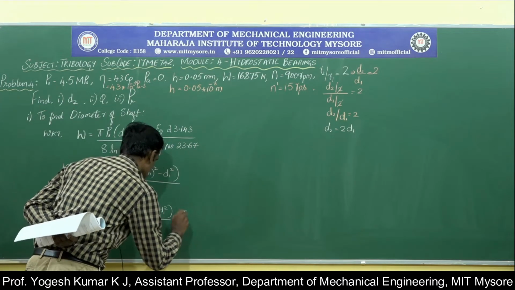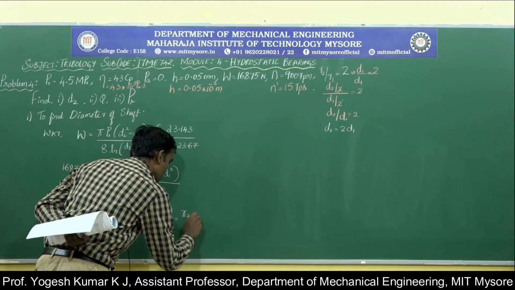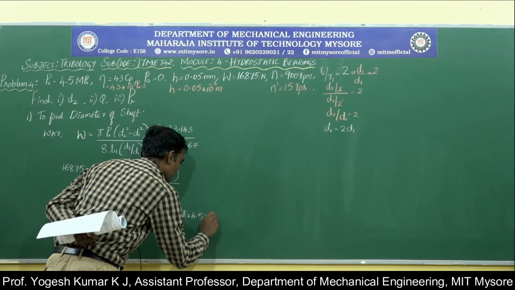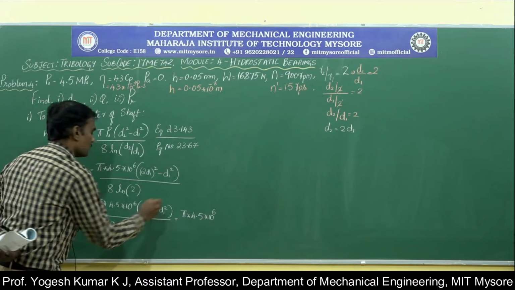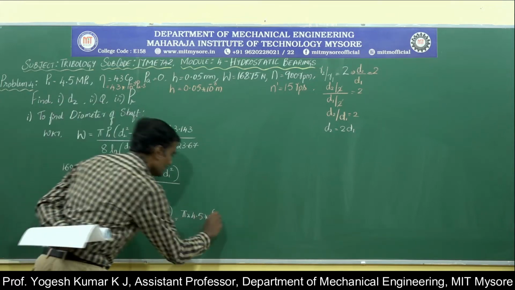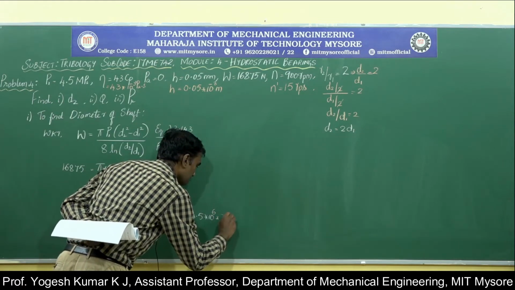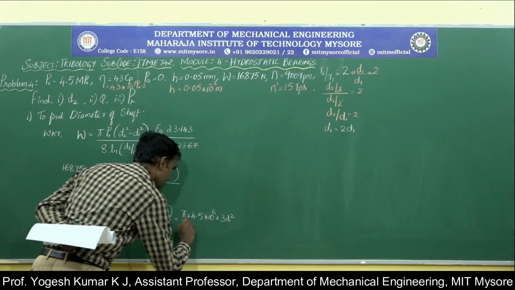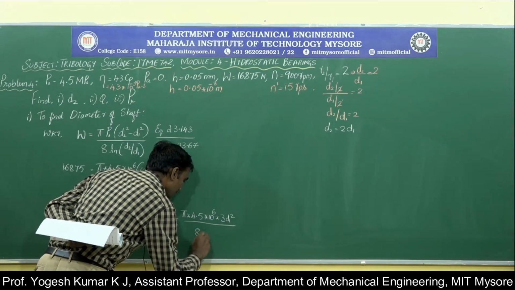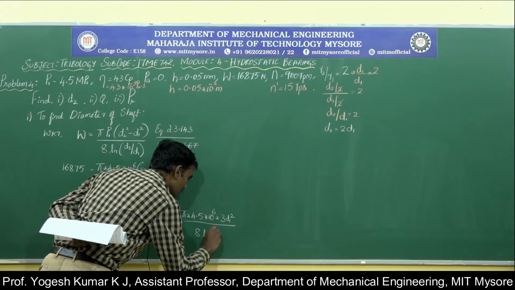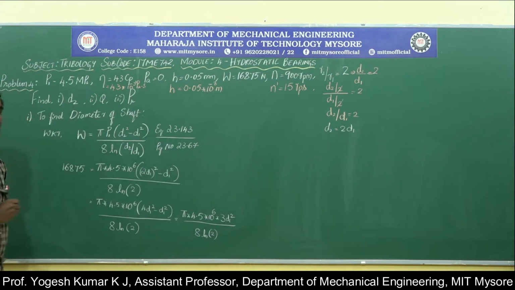So we can write pi, 4.5 into 10 power 6. What is 4d1 square minus d1 square? This becomes 3d1 square divided by 8 natural log of 2. So the only unknown present in this equation is d1 square.